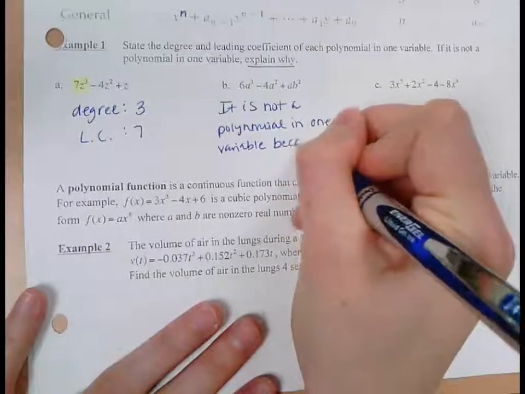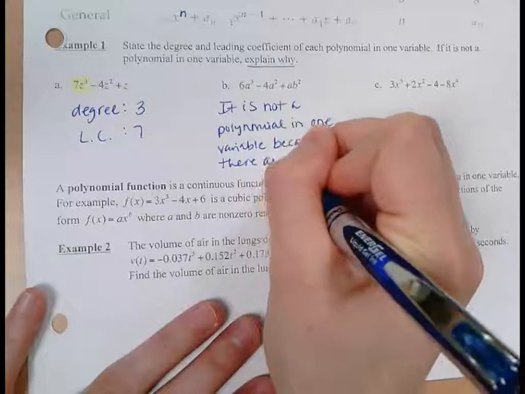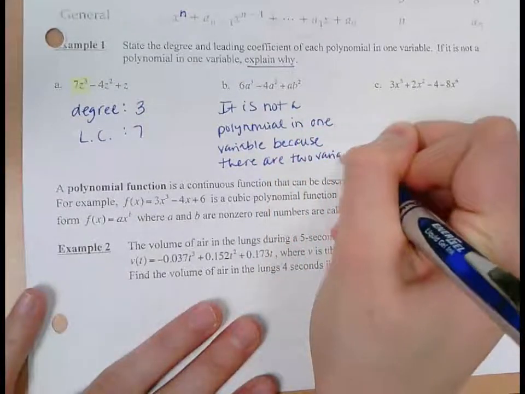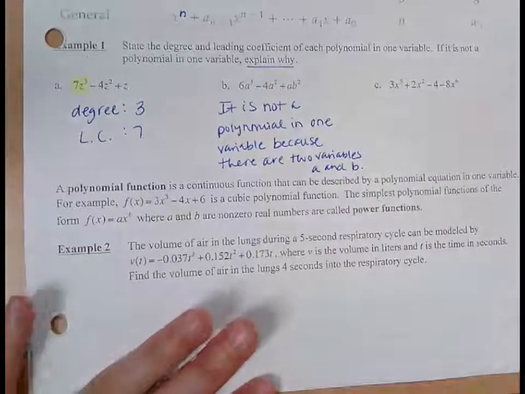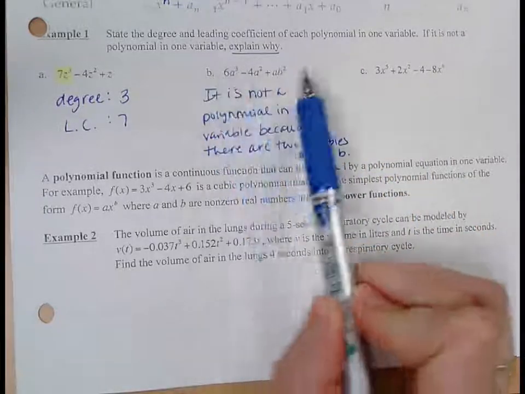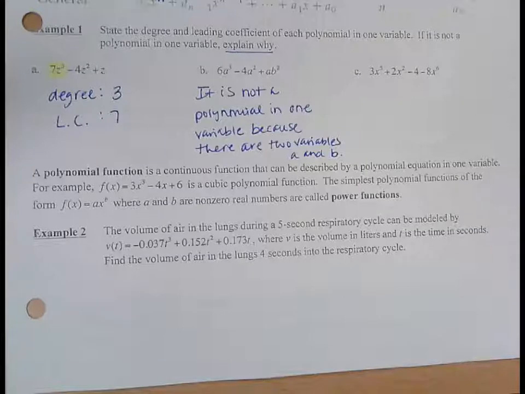So, because, I'll say there are two variables, a and b. So it's still a polynomial. We could still find the degree, but the polynomial functions we are working with will just have one variable. So we're not really concerned with polynomials of this form in these next couple of sections.